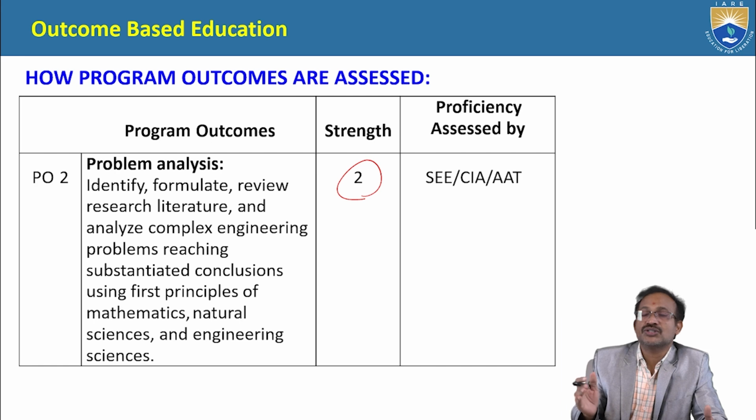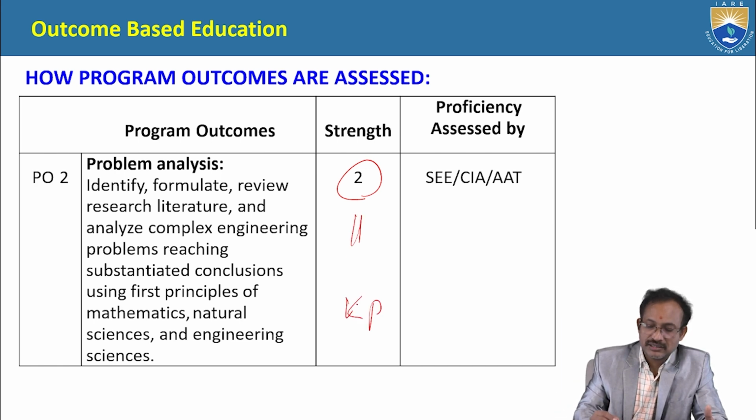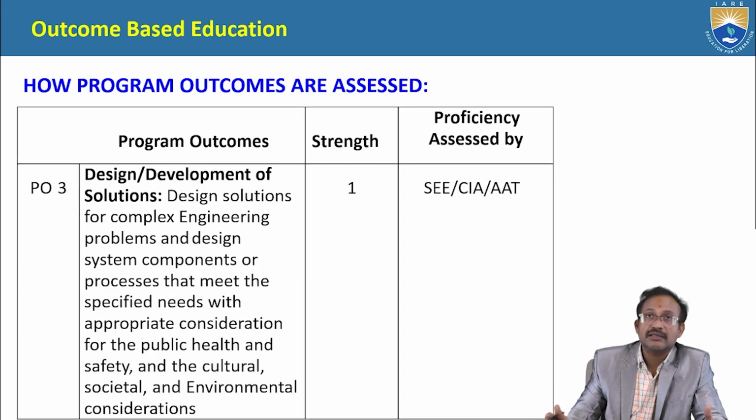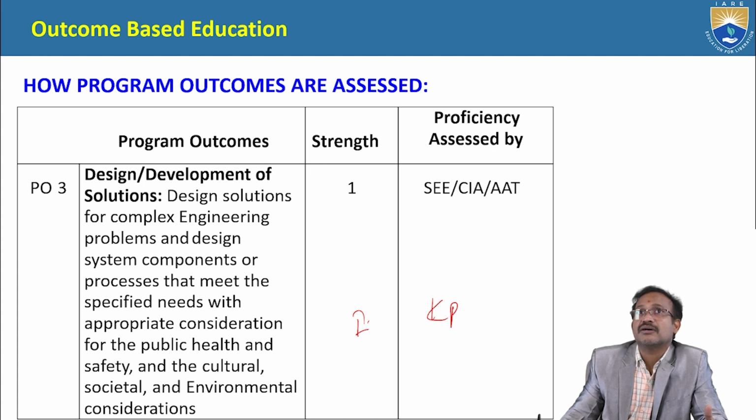For each course we have some key parameters associated to the course. Here the course is unconventional machining process. In unconventional machining process, we cannot find many key parameters related to design and development of solutions.